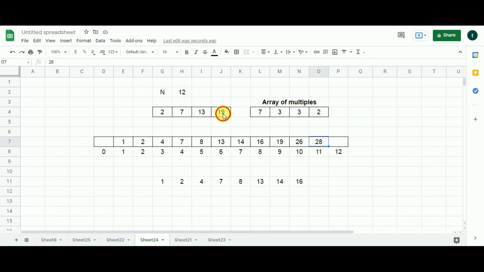When we move to the final number in the array of primes, 19, it will be multiplied with 2 because here we have the index as 2. 19 multiplied by 2 is going to give us 38, and this 38 is not less than 28, so 28 stays and 38 gets eliminated.